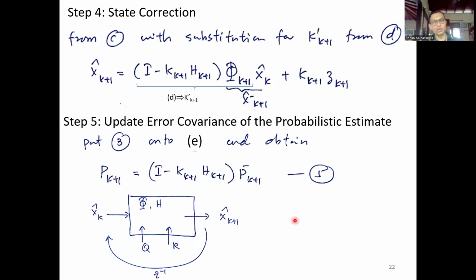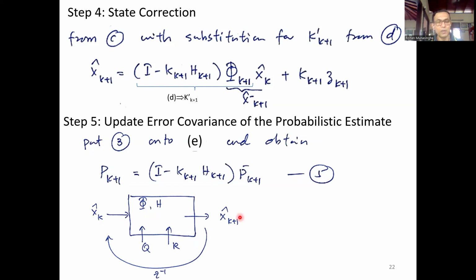Finally, you can draw the Kalman filter like this. It's a single block. You have to give x hat k, the previous estimate, and it produces the next state, x hat k plus 1.